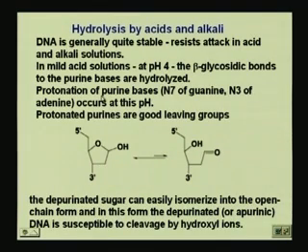Now, what is going to happen if you are going to have protonation of the purine bases at the acidic solution? You are going to disrupt the hydrogen bonding, right? As a result of which you are going to have this hydrolysis which leaves your purines protonated, that is going to act as a good leaving group, and you are going to have an isomerization of the depurinated sugar.